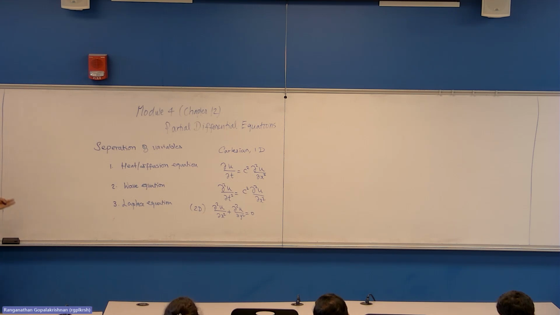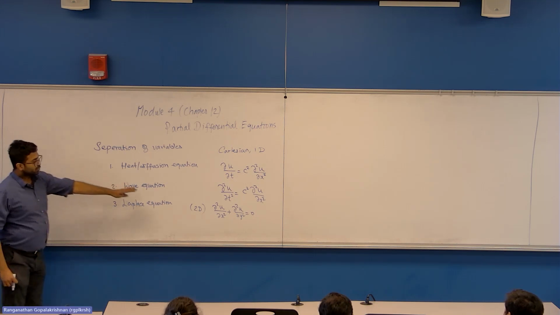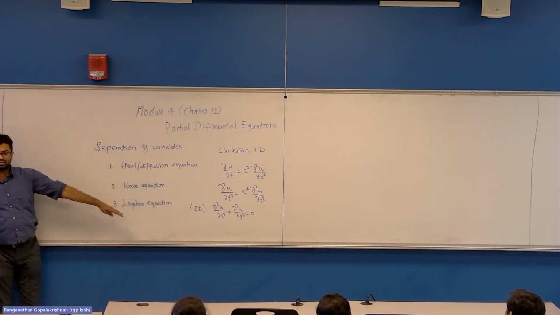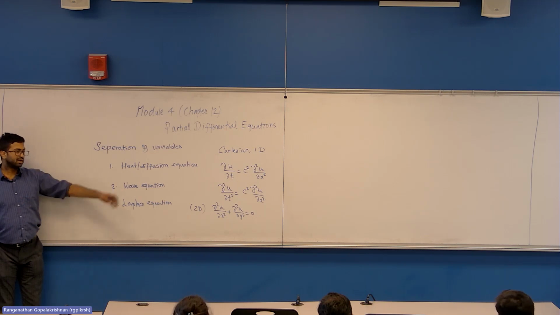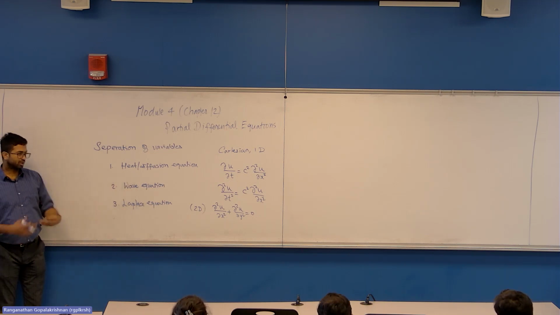How you end up with these equations is something I am making you learn by doing your own project. That is what the project is supposed to teach you: how do you do mathematical modeling? What we are going to go through in class are solutions to these template equations, which may occur in your modeling problems, and you can use these techniques to solve them.